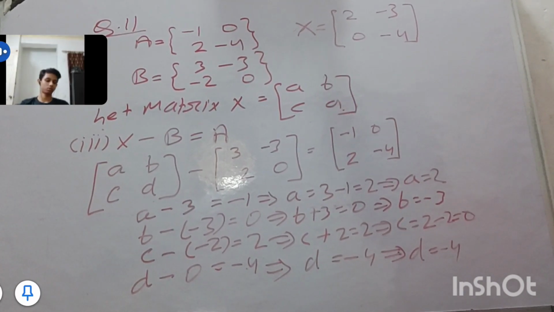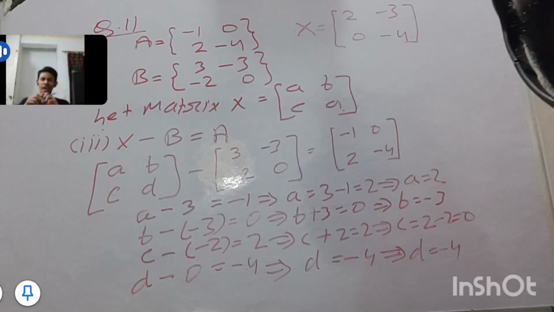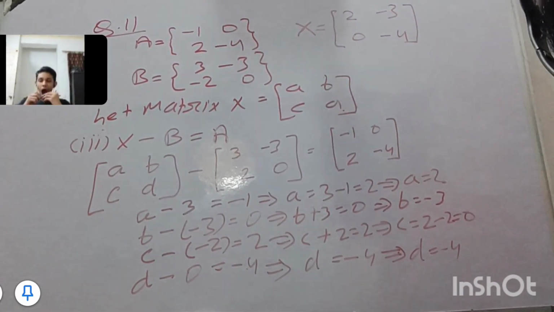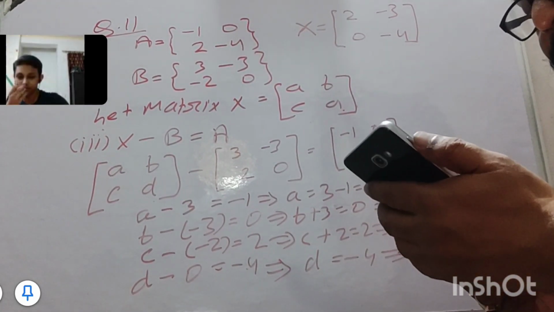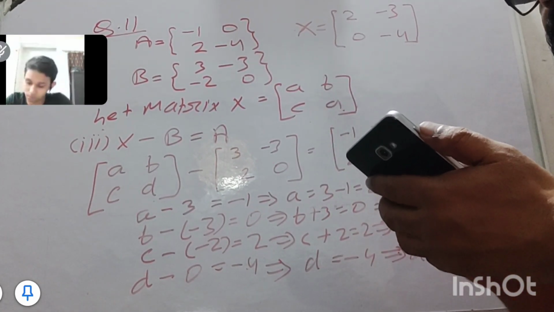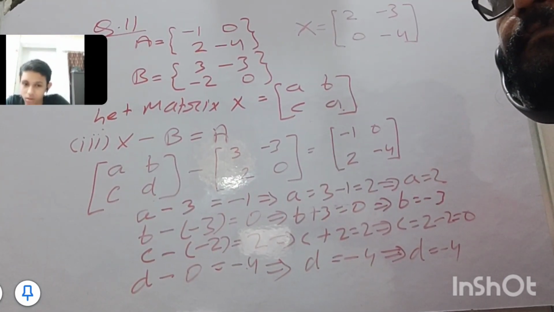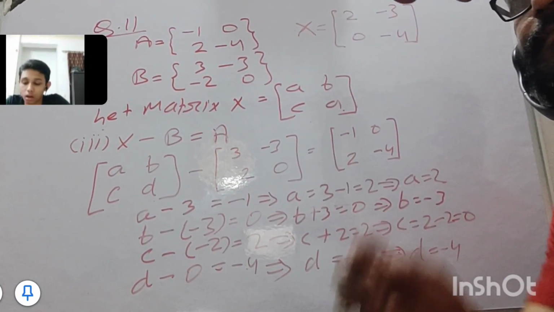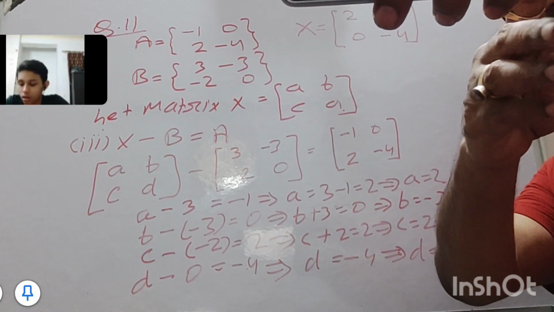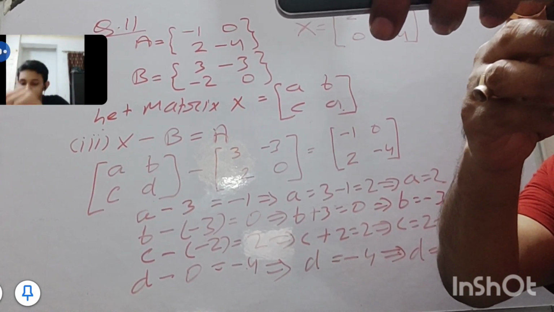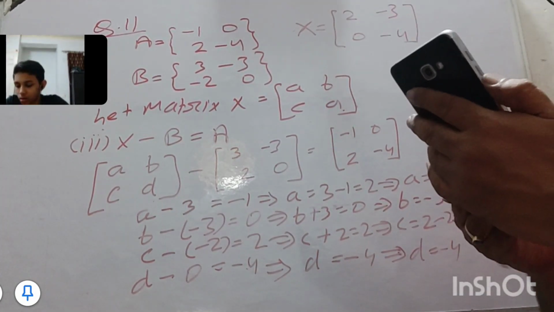So this was the third part. This is the solution of the third part of question number 11, and matrix X is equal to [2, -3; 0, -4].